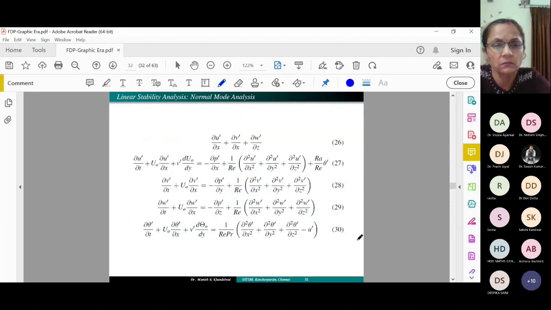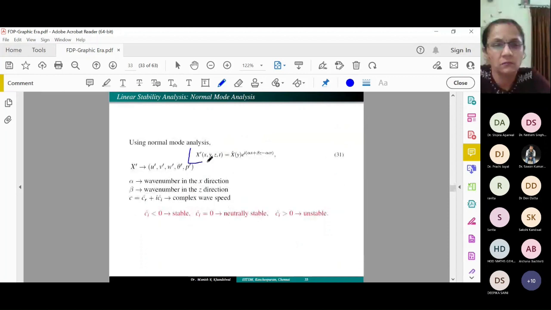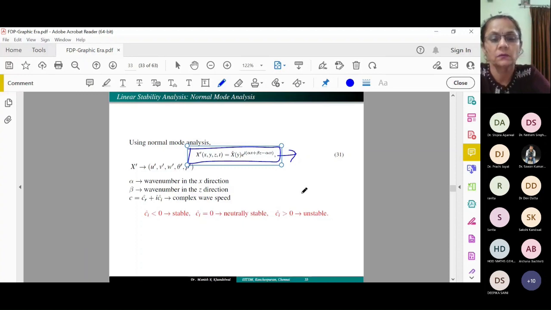Now we come to these linear disturbance equations. We use the disturbance part like e raised to the power i alpha x. I already analyzed these things earlier: only the term c_i is responsible, and whether c_i is greater than 0 or less than 0 decides stable or unstable situations.